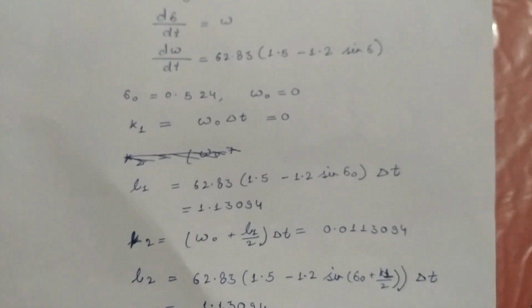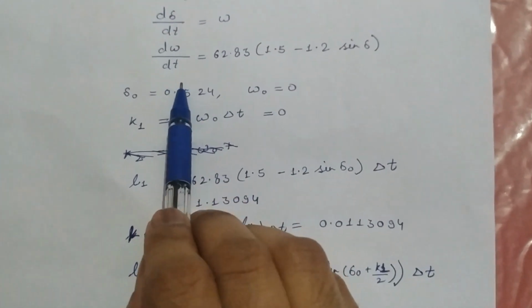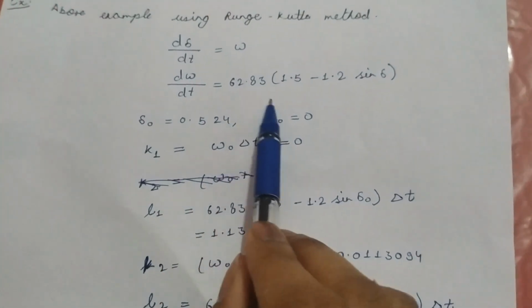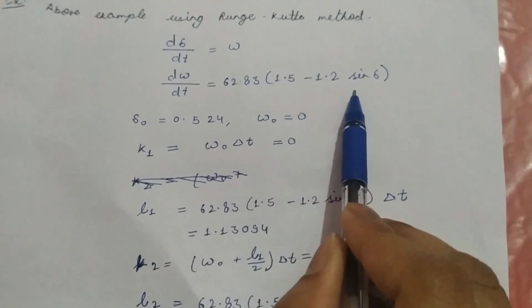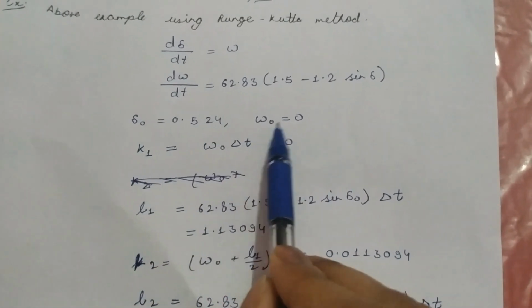So using the same values as we have solved in the previous example, d del by dt is equal to omega, d omega by dt is equal to 62.83 into 1.5 minus 1.2 sine delta. Delta naught is equal to 0.524 and omega naught is equal to 0.